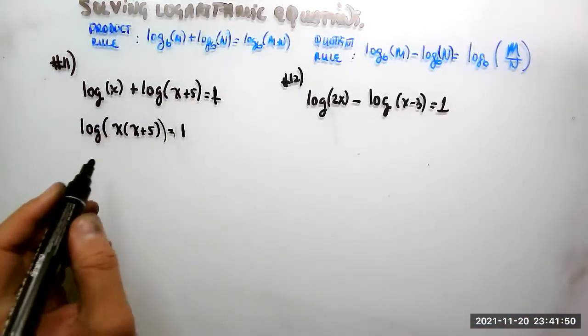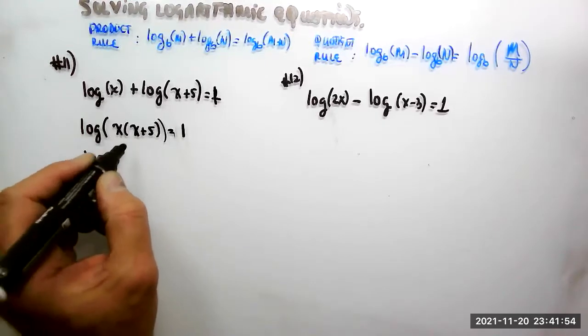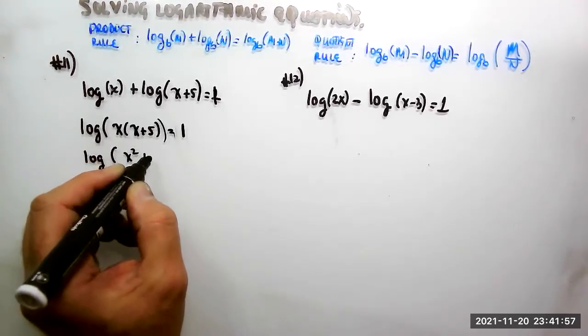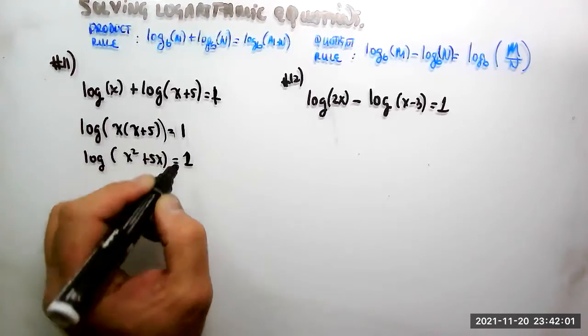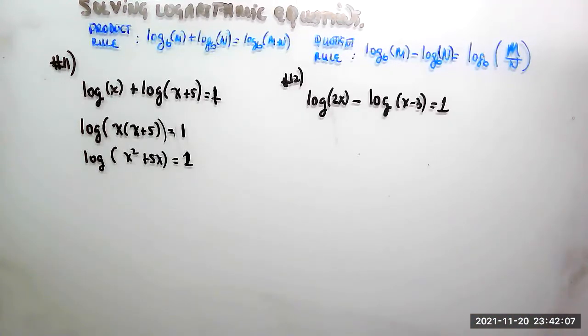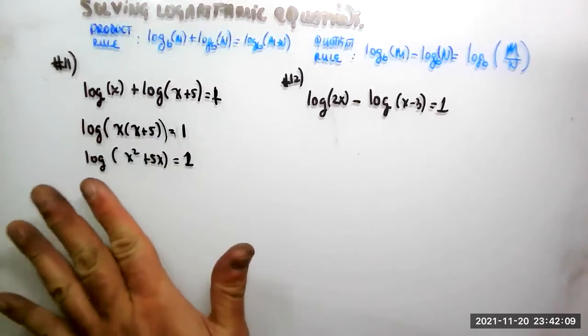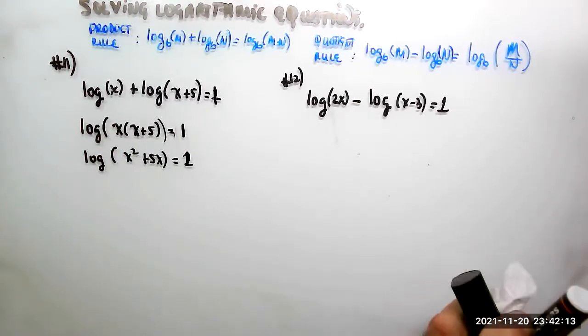Now what do I have? Log of x squared plus 5x equals 1. Let's hold on this one. I think I wrote the problem incorrectly. Let's go ahead and continue with the other problem.